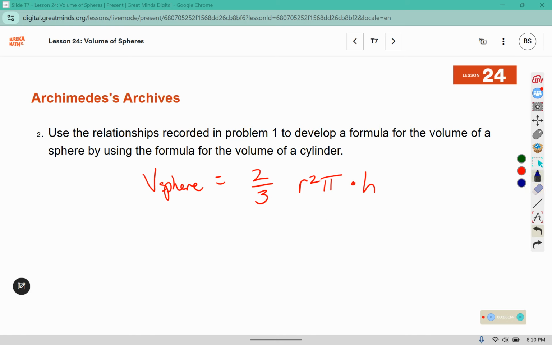Well, the height of a sphere is the diameter all the way across. So we can replace that with the diameter. A radius is half of a diameter, so you could rewrite the diameter as 2 radiuses.